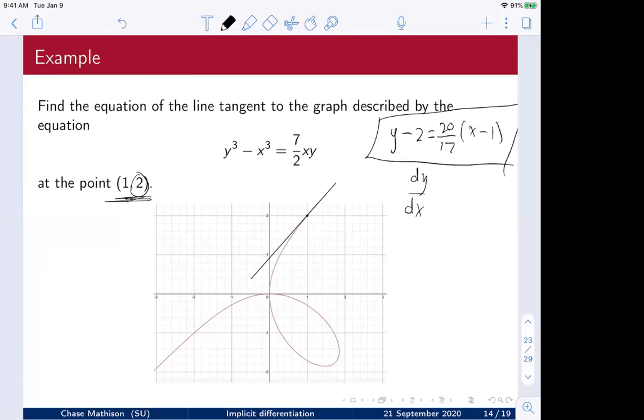Okay. So those are really the two big ways that you're going to use implicit differentiation. You're just going to find the slope of an implicitly defined function in general, or if you're finding a tangent line, again, use implicit differentiation, and then immediately plug in the point right after you take the derivative.